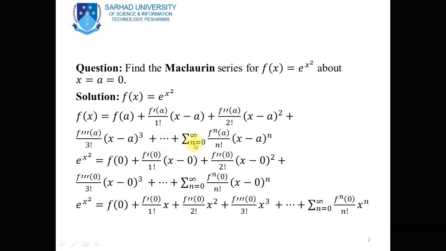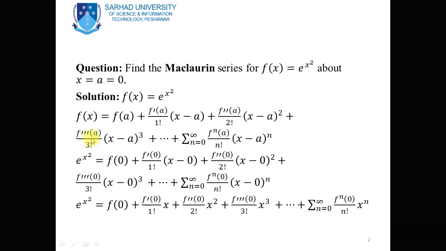That is, sigma n is equal to 0 up to infinity, the nth order derivative of the function at x is equal to a divided by n factorial into x minus a whole power n. This is actually the Taylor series. If we put a is equal to 0 in this series, then the series will be the Maclaurin series.